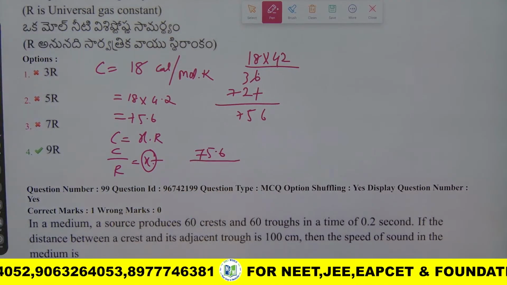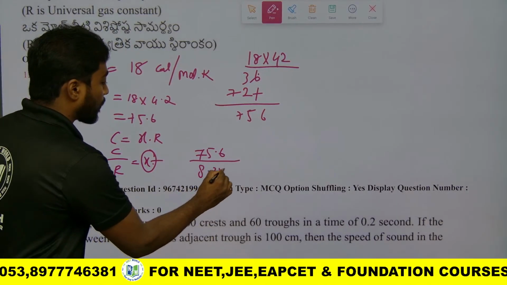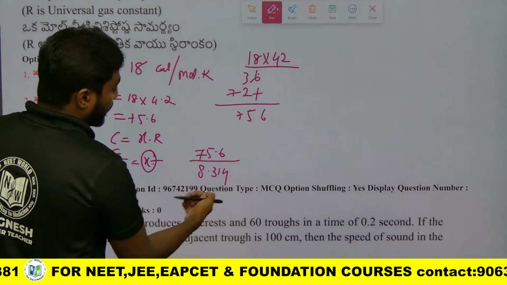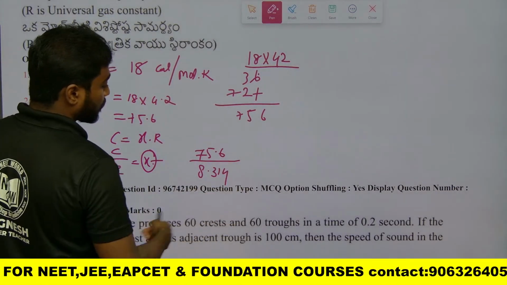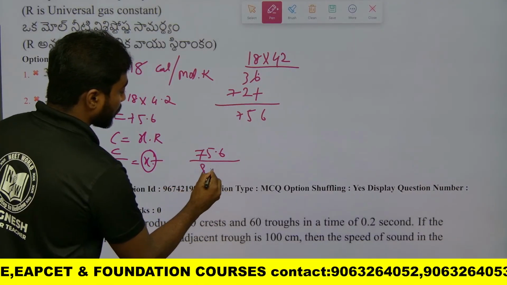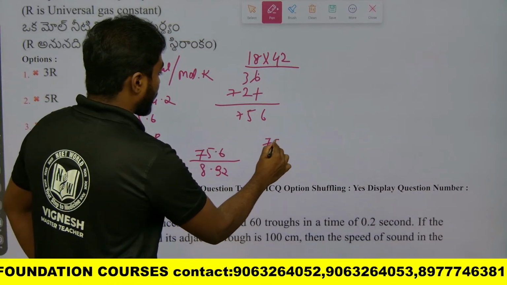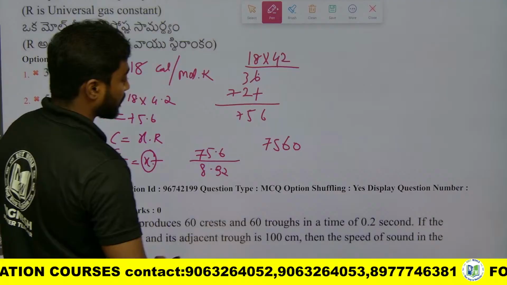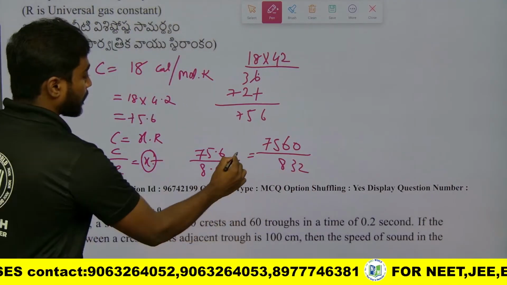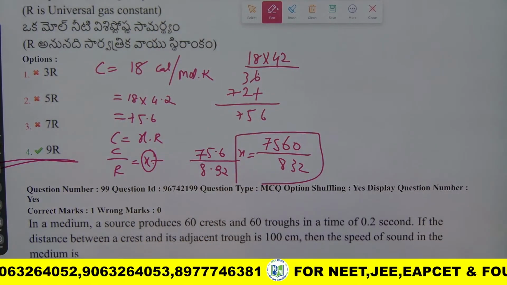What is R, the real gas constant? 8.314, so approximately we will take 8.4. We will divide it now. 75.6 divided by 8.4, I will get the value of X approximately as 9R.